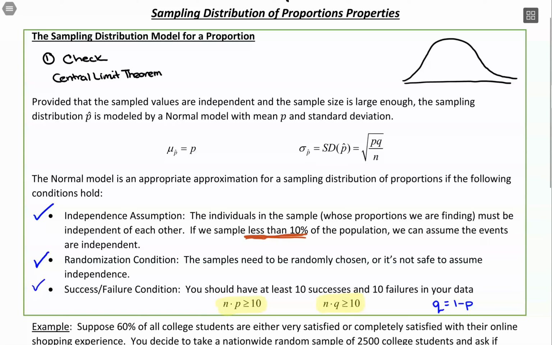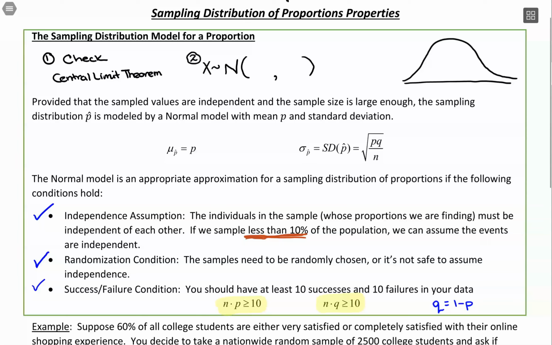Building the normal distribution, what we need to know is the center and spread. If we have this random variable, which in this case is representing a sample proportion, and we check the central limit theorem, then we know it's normally distributed. But then what we need to know is the mean and the standard deviation.